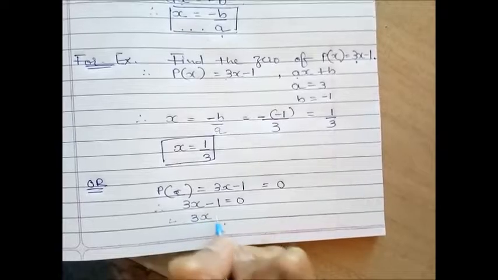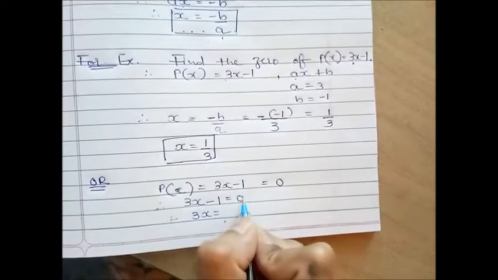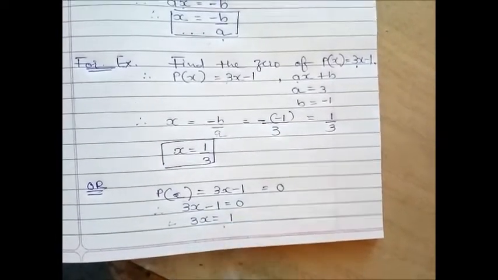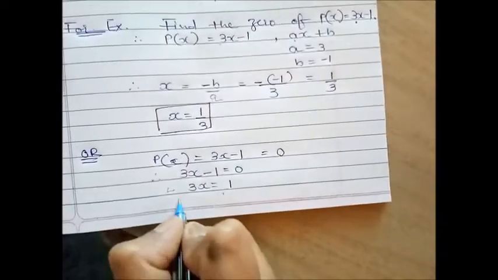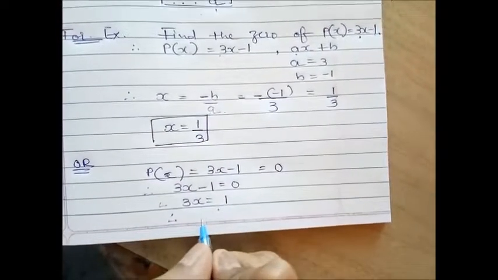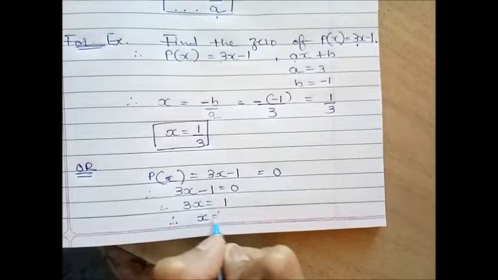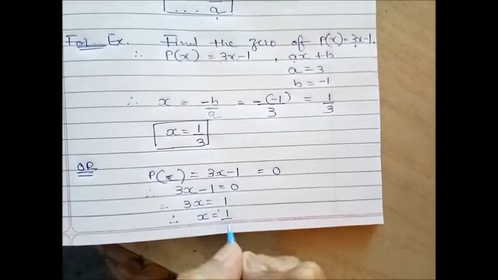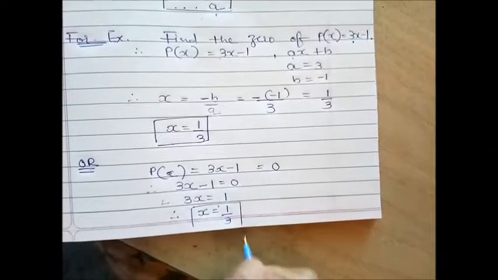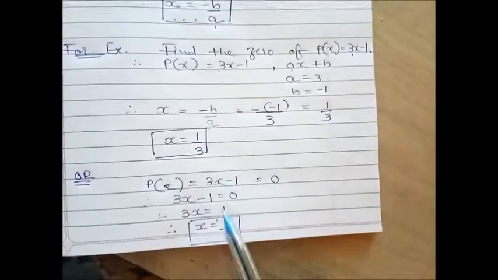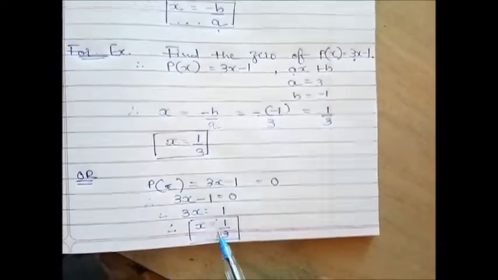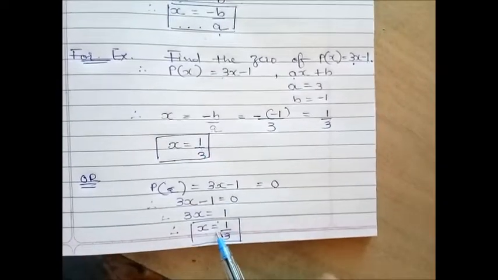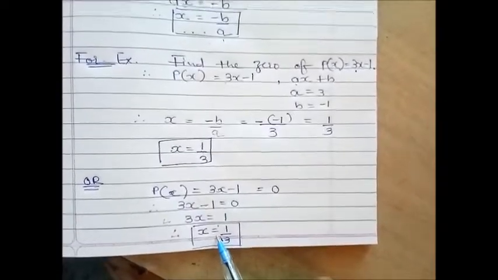Therefore 3x is equal to, now this minus 1 will go on the opposite side, that means it will become plus. Therefore x is equal to, now this 3 will go on the opposite side, that means in division, that is 1 upon 3, right? Now see, by both ways the zeros are the same, you can use either this method or else the other method, right?